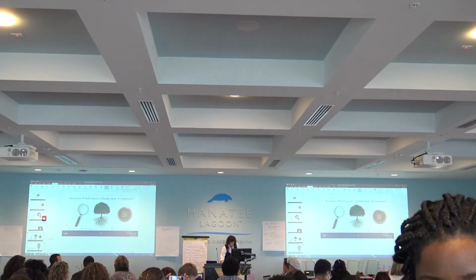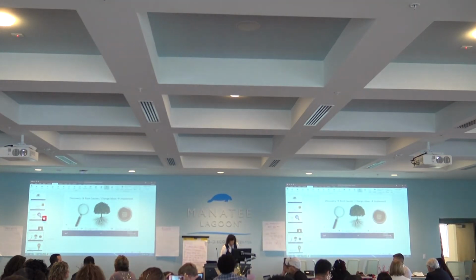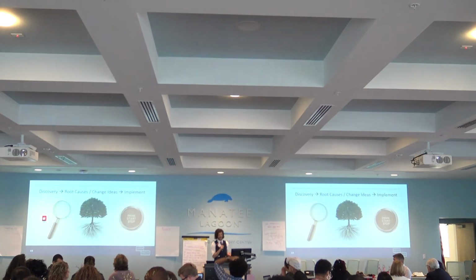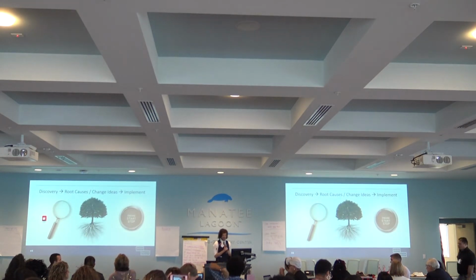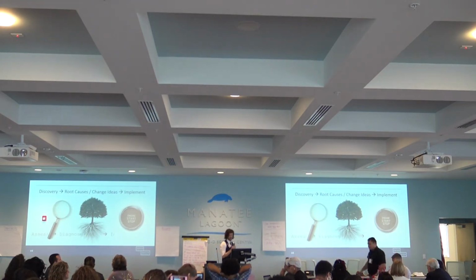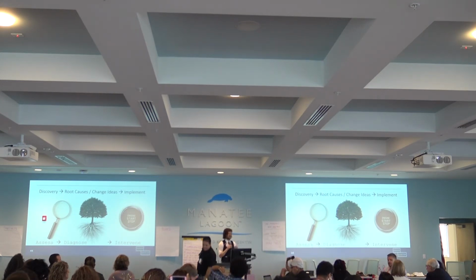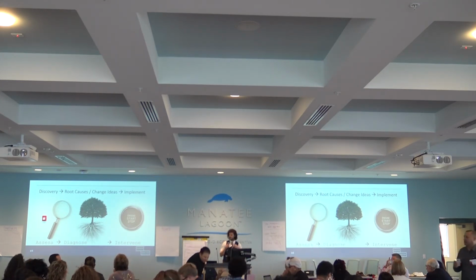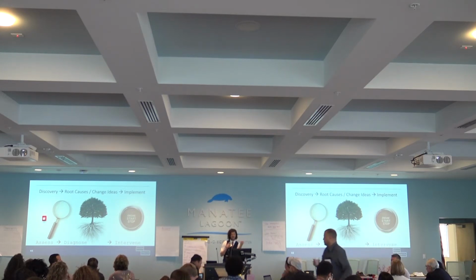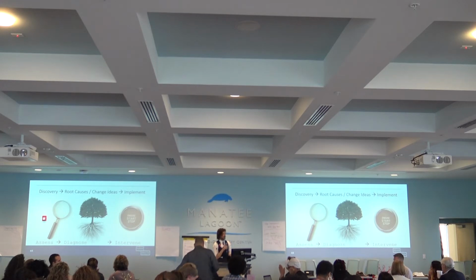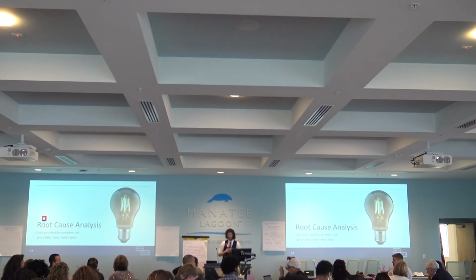Our framework for discovery, root cause, and implementation is the same thing we do in medicine, where we assess, we diagnose, and we intervene. So we can think about these things as a similar process. Get the information, think about it critically, bring in other people as needed, which in quality improvement for HIV is every time, and then go ahead and get started.